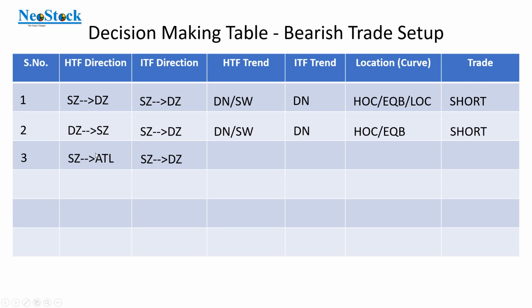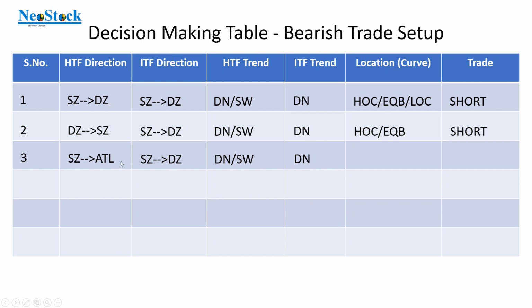That means HTF is an all-time low scenario, so the HTF supply zone is an all-time low supply zone. But in the ITF a demand zone is available. So in this scenario, still the trend should be either down or sideways.